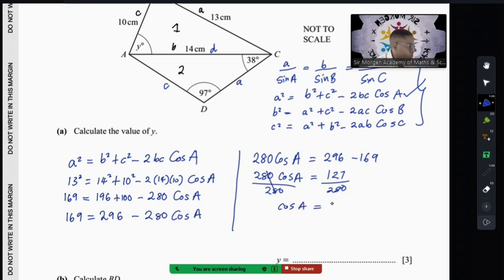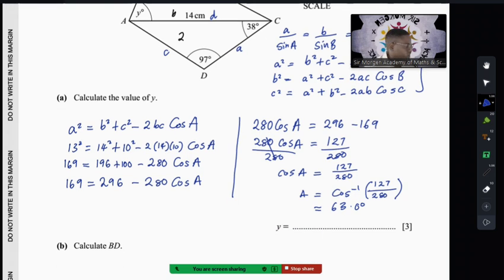Cos A is equal to 127 over 280. So A is equal to arc cos 127 over 280. Right, this gives me 63.0 degrees to 1 decimal place. So that means y is equal to 63.0 degrees.